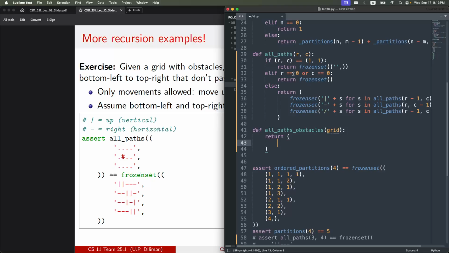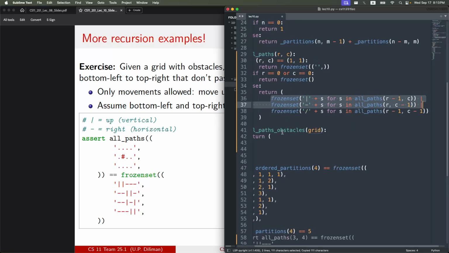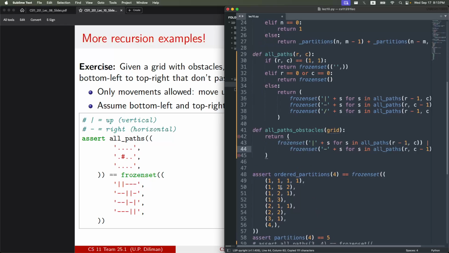So this would be similar, right? We have the same visual thinking here. Let's just replace this. Obstacles.